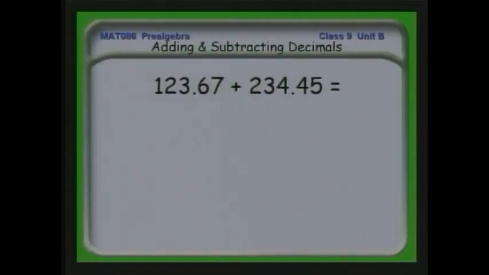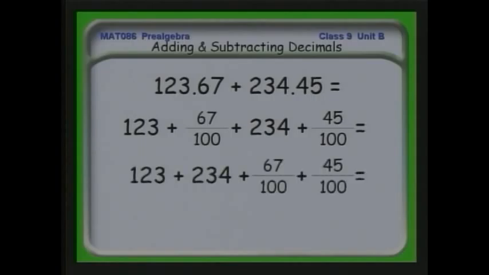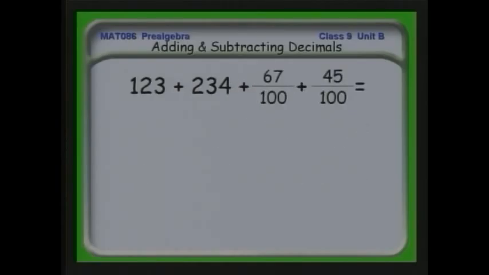Let's play some games now and remember where this came from. Again, I have 123.67 plus 234.45, and I'm going to change the decimal parts into their fractional equivalents, change the order, and then add these.